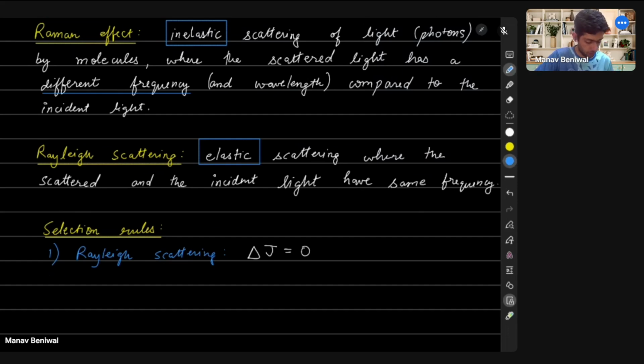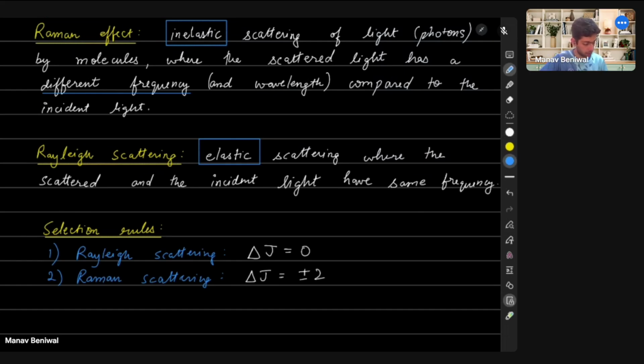Next we have Raman scattering, and here delta J changes by plus or minus 2.